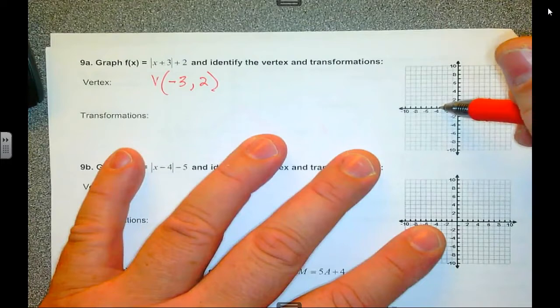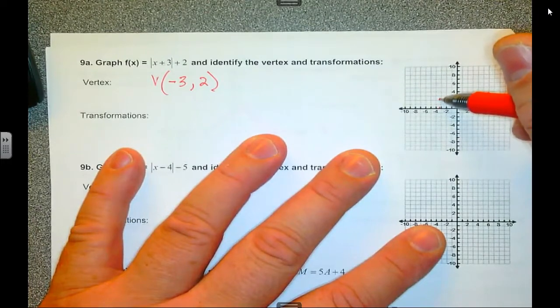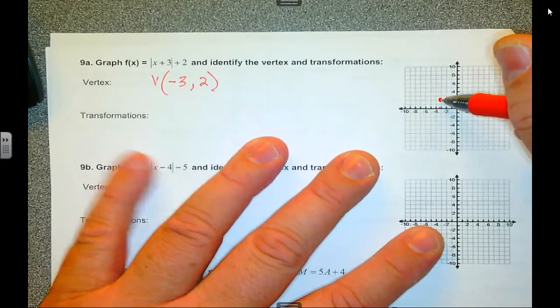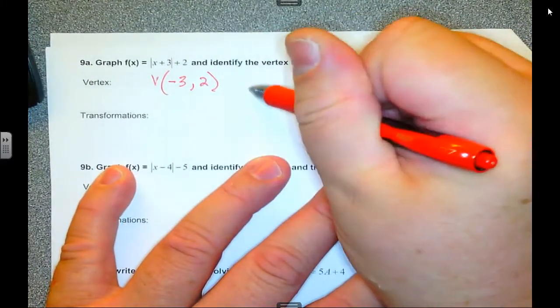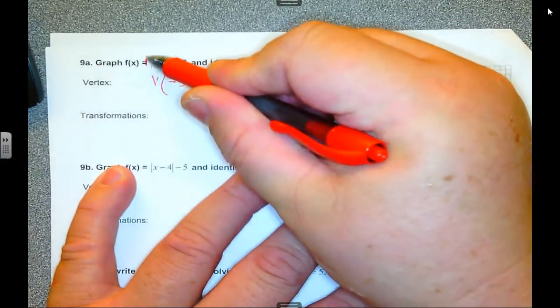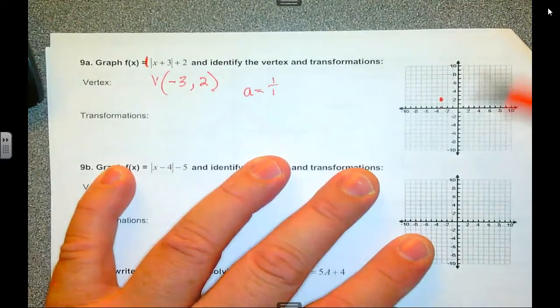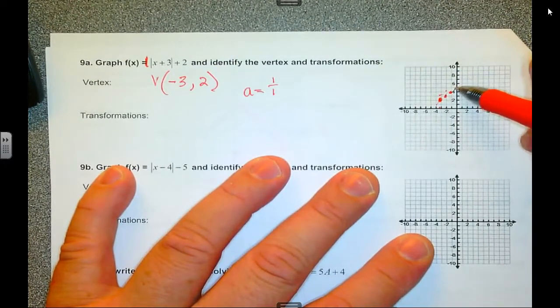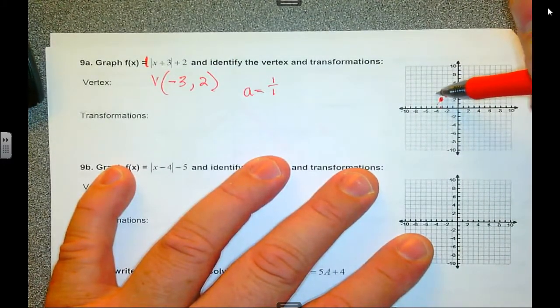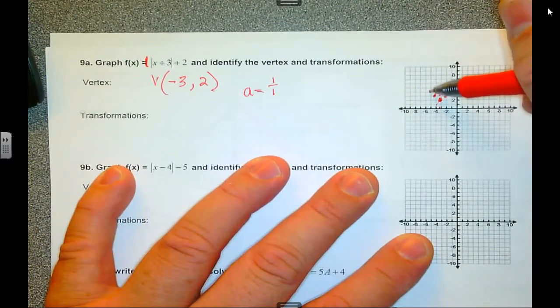Okay, -3, 2. Again, you could put this in a calculator, but it's easier to do it in your head. Your slope is, you got a 1 out here, so it's 1 over 1. So up 1 over 1, up 1 over 1. And it's a V, right? Absolute value.